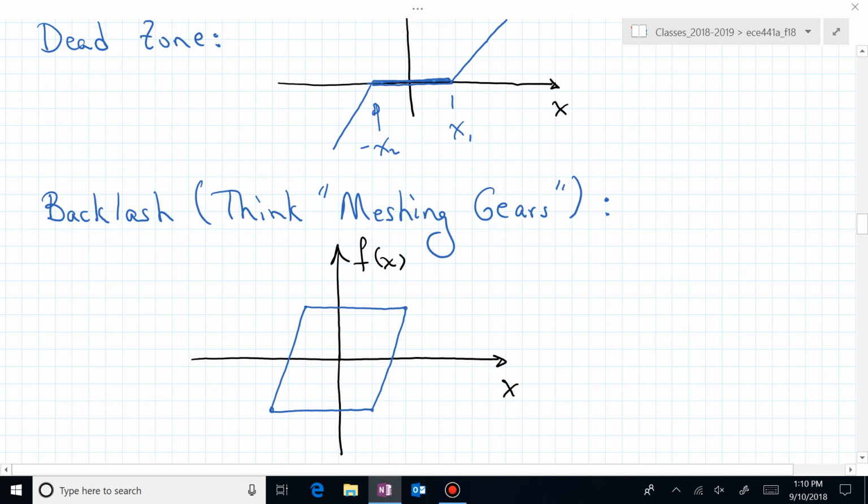And that's what happens when you have gears. If there's any kind of gap or tolerance between your gears, which there will be, you have to decide whether that is significant or not, worry about those meshing gears in your design, and account for that nonlinearity.